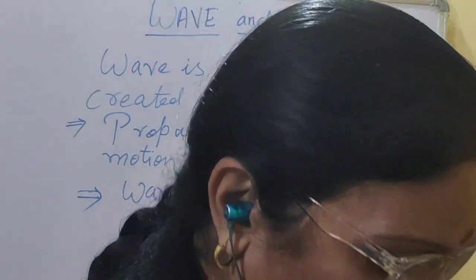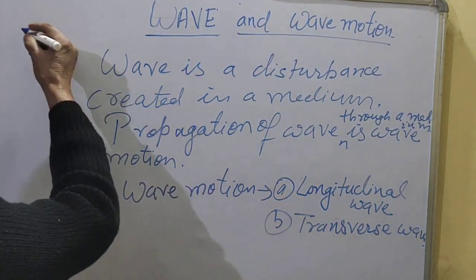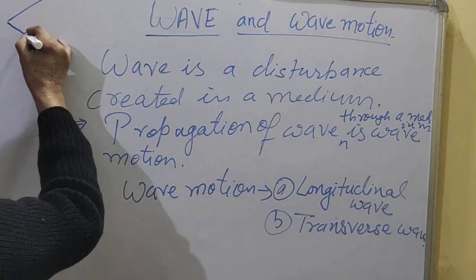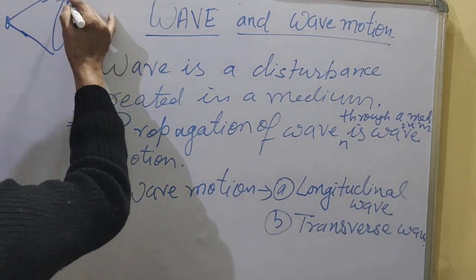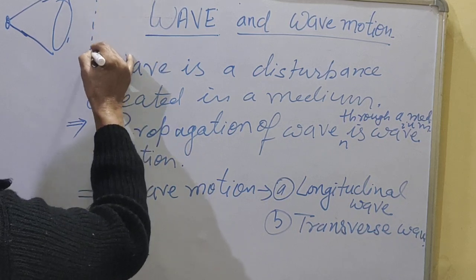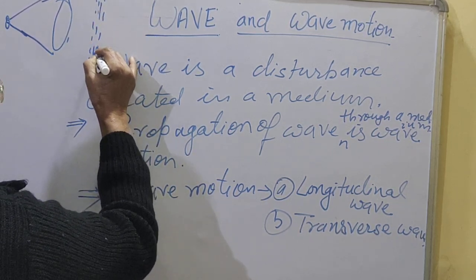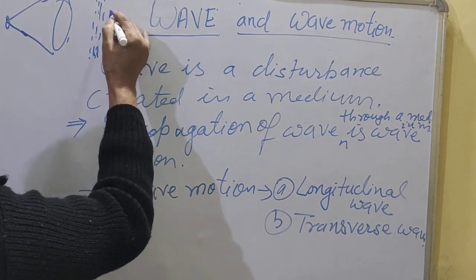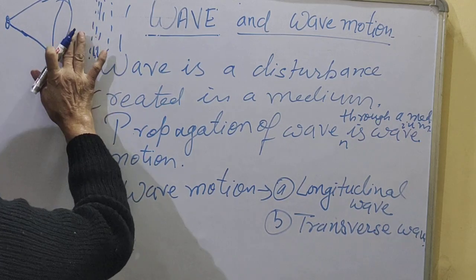If we consider the case of a microphone, that we say loudspeaker. Suppose from this loudspeaker sound is being produced, then the sound energy will be added in the air molecules. They will come closer here. Again this sound energy will get added in the next molecule, and then these molecules will come back.